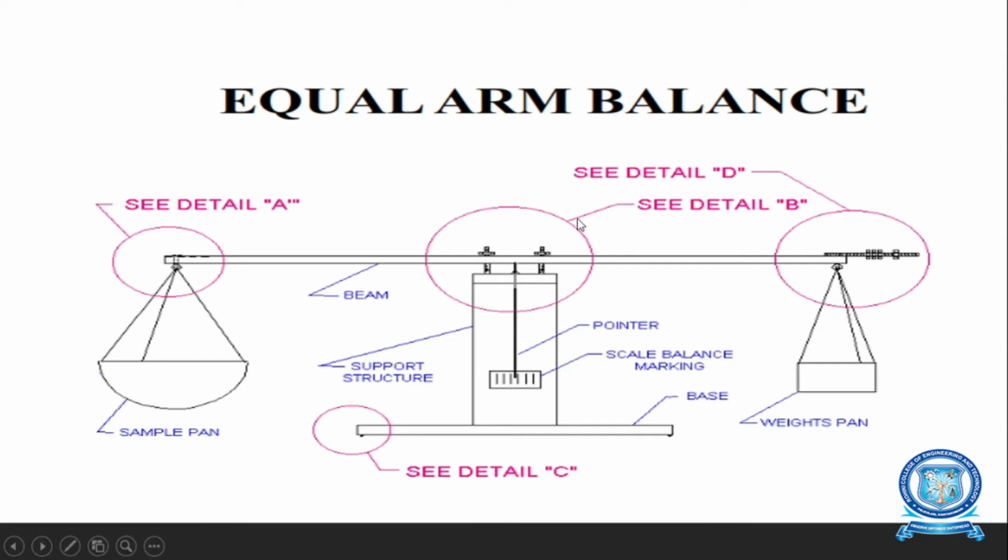When we apply an unknown force at one end of the beam, the mass at the other end of the beam balances the unknown force. The pointer is attached to the center of the beam, and the equilibrium condition is indicated by the pointer when it is absolutely perpendicular.